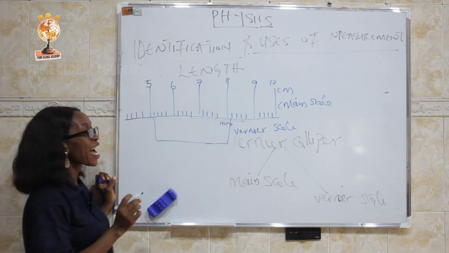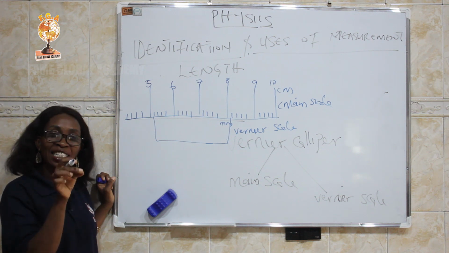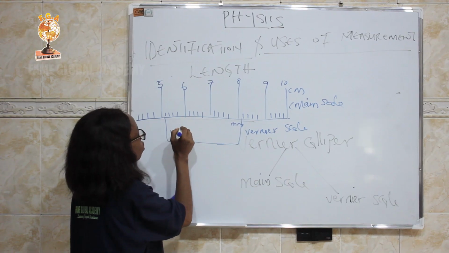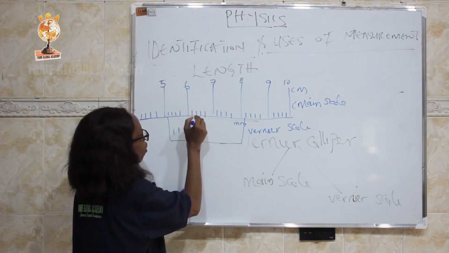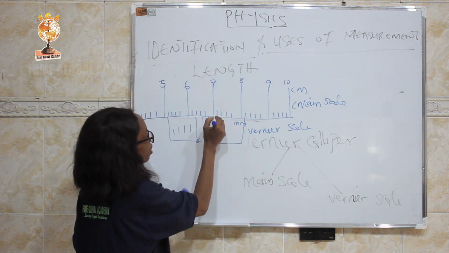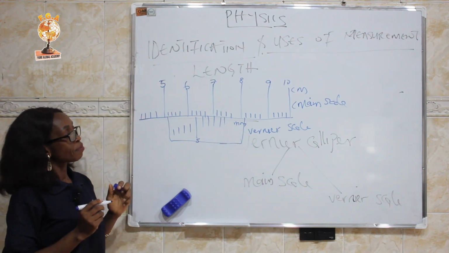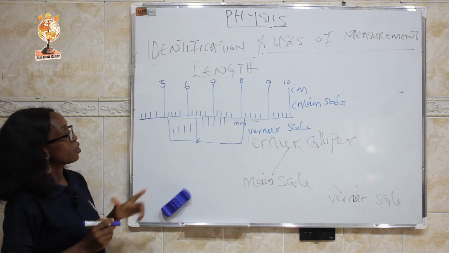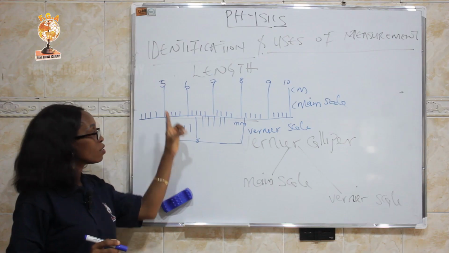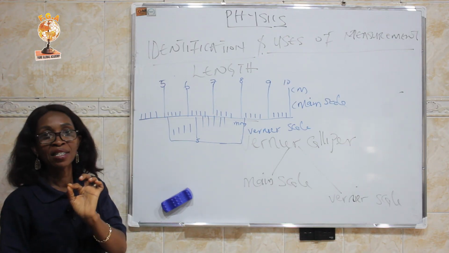The vernier scale has 9 small lines, so you have 1, 2, 3, 4, 5, 6, 7, 8, 9, 10. Nine lines inside the vernier scale with one big line that is 5 millimeters.